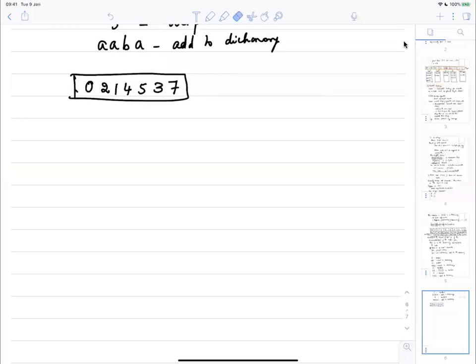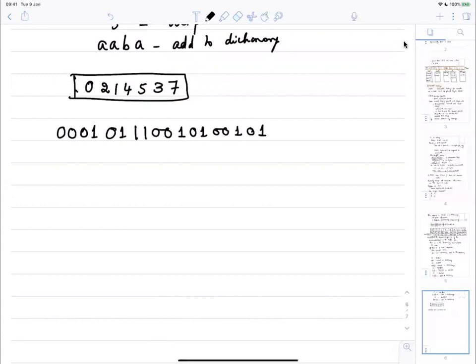So let us take one binary example with only two words in the category. Let's say I have 0, 0, 0, 1, 0, 1, 1, 1, 0, 1, 0, 1, 0, 0, 1, 0, 1.